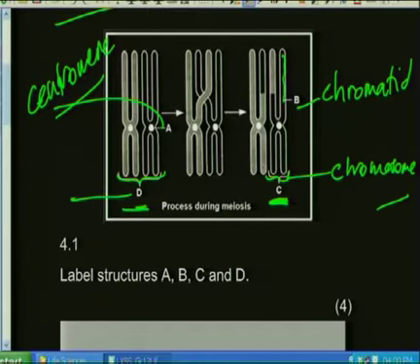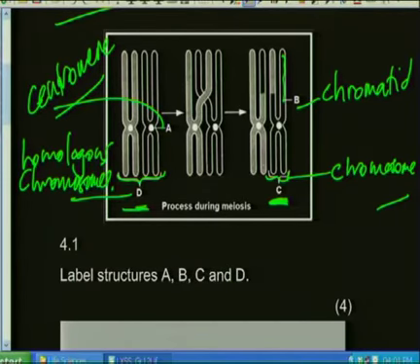Okay? And D now, look at D. D has a curly bracket with these two guys next to each other. So here you needed to be even more specific and you had to say homologous chromosomes. Now some textbooks call this structure bivalent. But if we look in our syllabus, we are talking about homologous chromosomes.